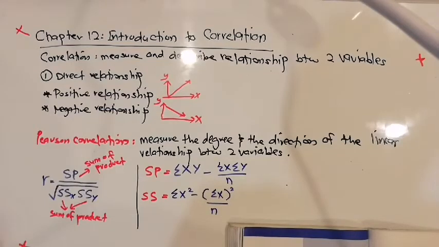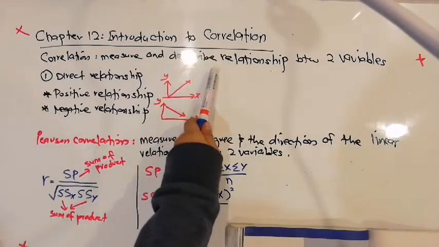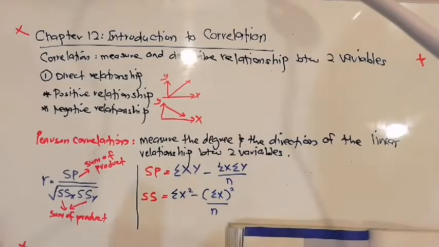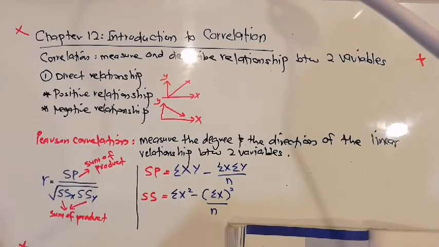Correlation is a measure and description of the relationship between two variables. Unlike ANOVA, where previously you had more than two data, for correlation you want to see whether there is a relationship or not between two variables.